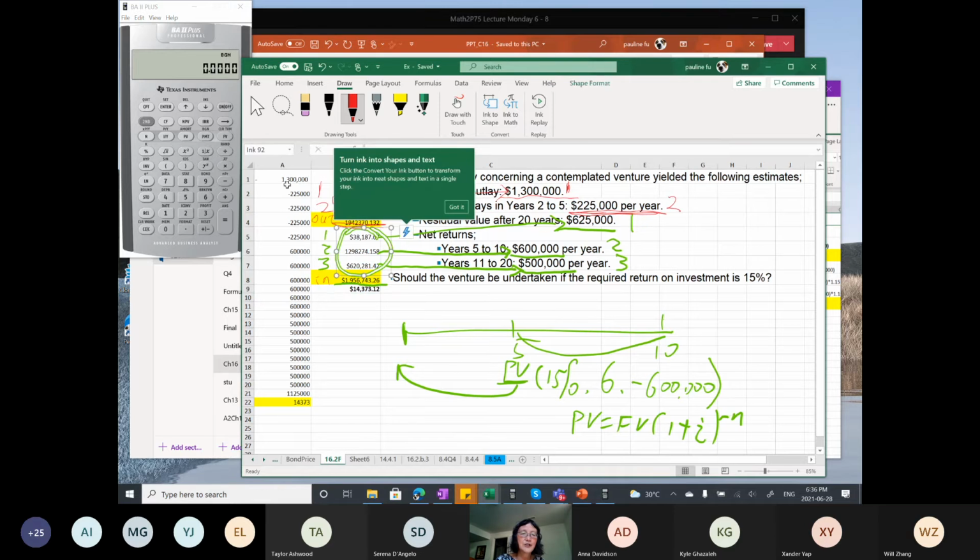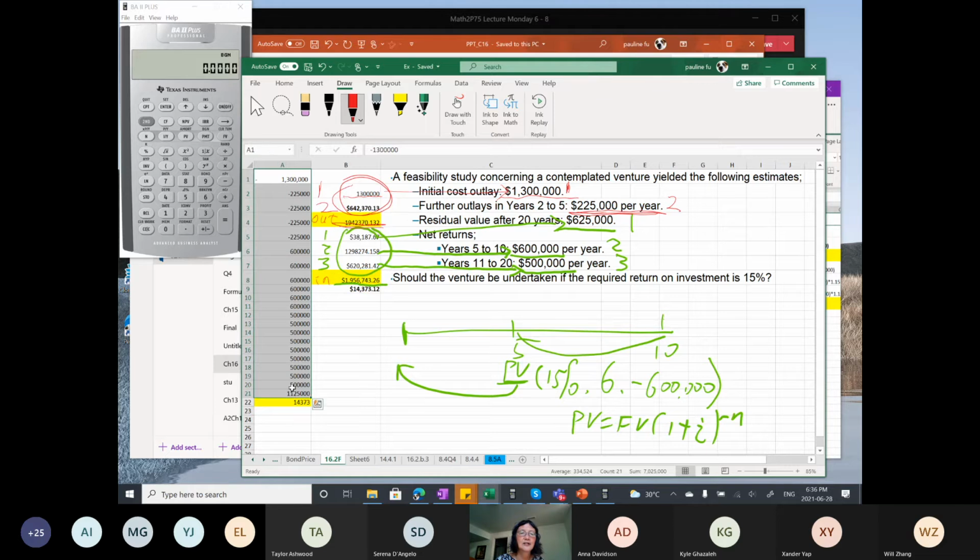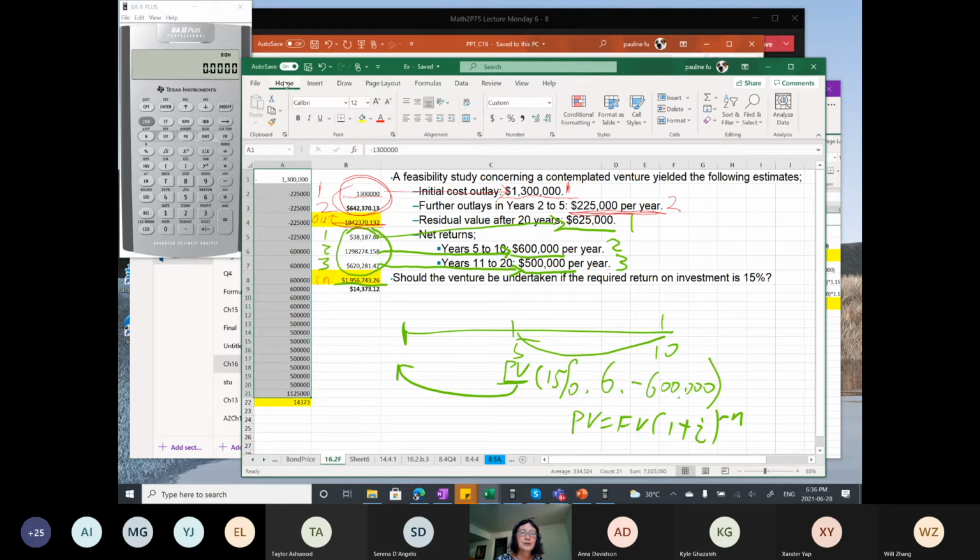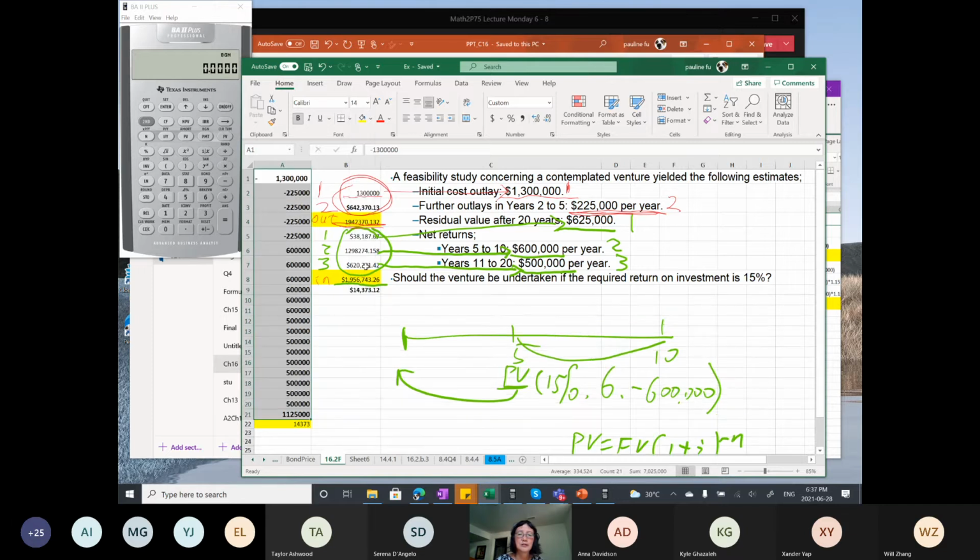This is the data I reorganized. I'm going to make this font bigger. So this number is the initial cost, negative 1,300,000.